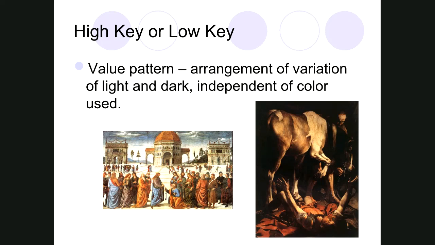I didn't get to see it, but I'd seen some of his pieces before. Caravaggio worked in a technique called tenebrism, where he used mostly really dark values, with just a few little highlights, but almost everything was really dark. So low key is where things are mostly dark values to midtones, where it feels really moody and dark.